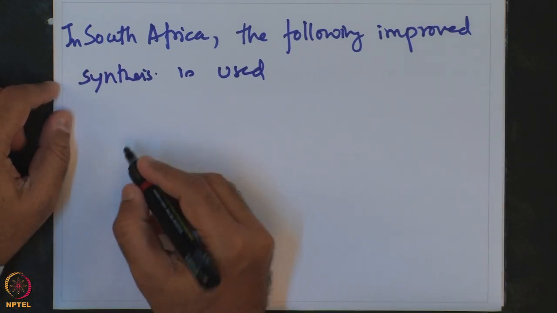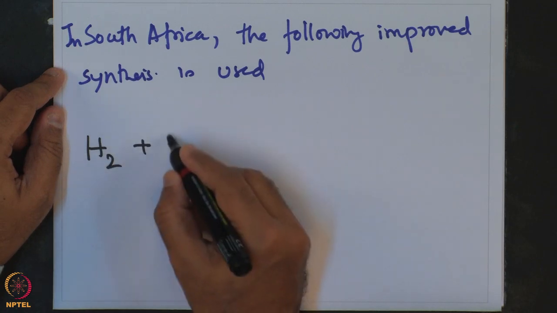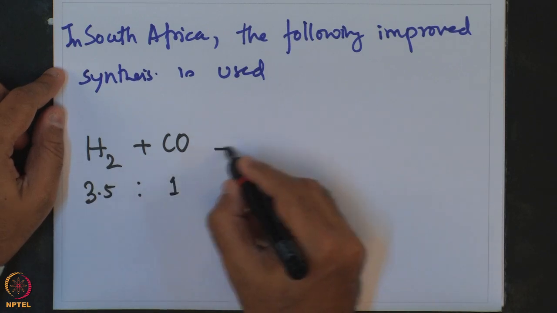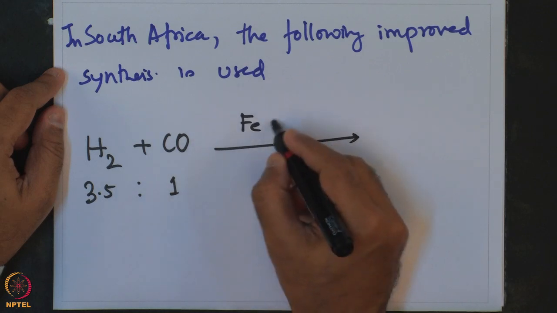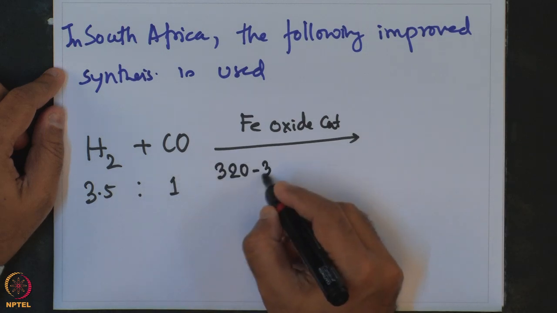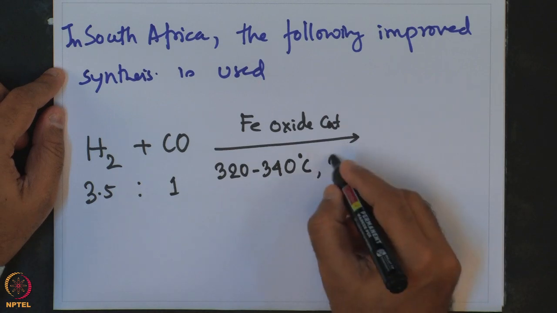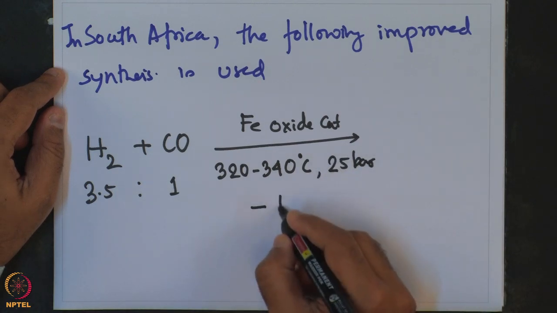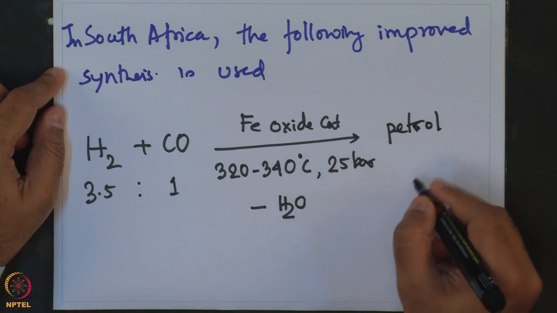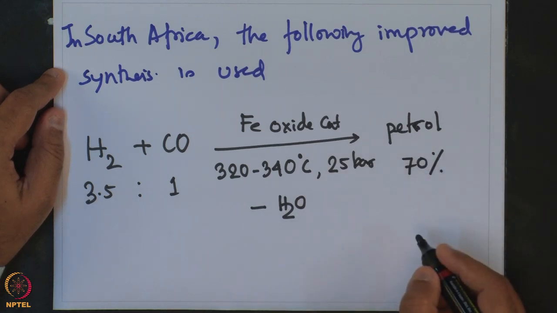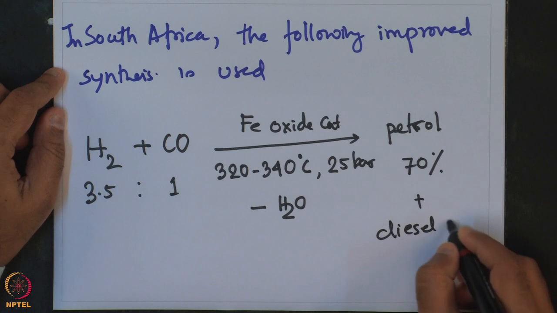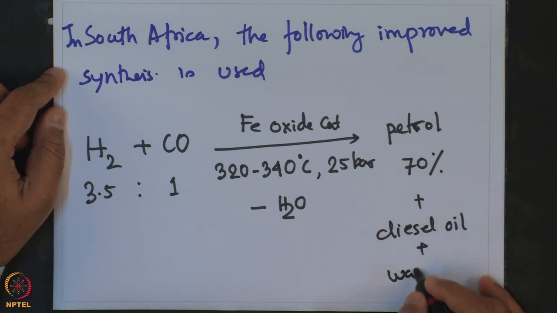hydrogen plus carbon monoxide, 3.5 to 1, giving, with an iron oxide catalyst, 320 to 340 degree centigrade, 25 bar, minus water, petrol, or at a higher proportion of 70%, plus diesel oil plus waxes.